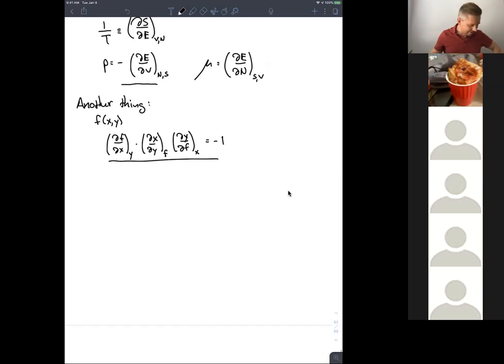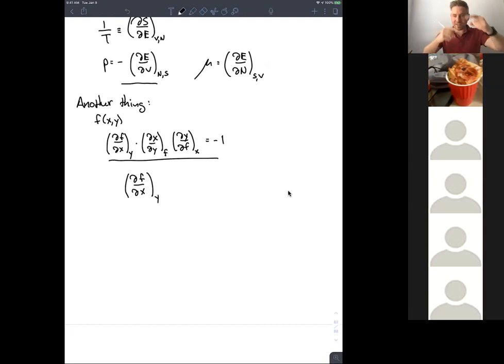The other thing I ask you to recall from basic calculus is this silly little fact that if I take the derivative of a function with respect to one of its variables, the derivative of f with respect to x at constant y, this is the same thing as the reciprocal.